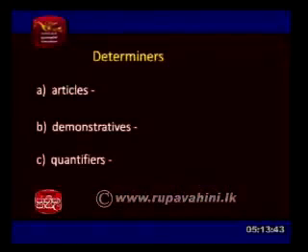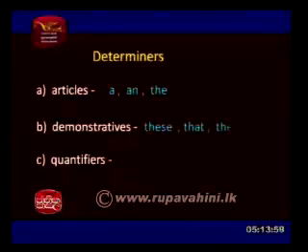The next one, determiners. So they give us an idea of an amount or a number. Now you know basically there are articles, a, an and the. And then there are demonstrative determiners like this, that, these, those.